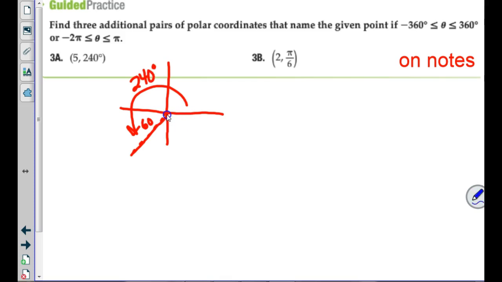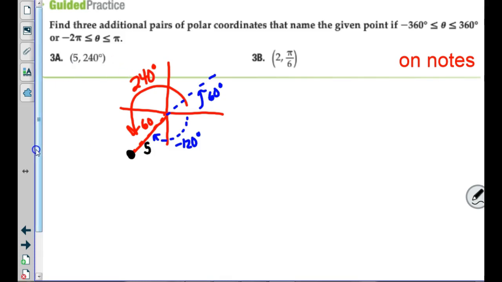If you take off 180, the other half back here would just be at 60. What if it was going negative? Negative 120. Okay, some of those will help us in a minute here. But if we went out 5, so we're out here at 5 units out. Okay, so we have 5, 240.